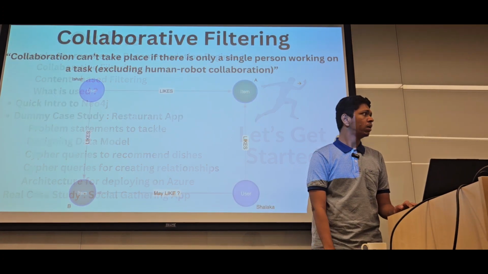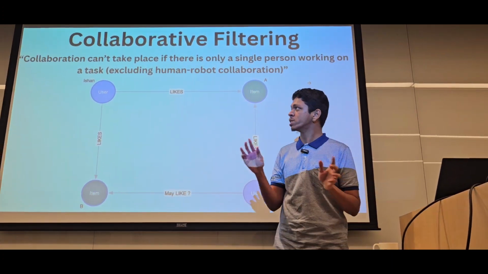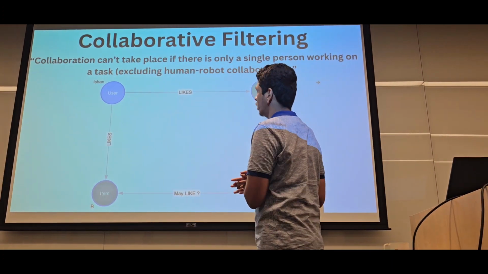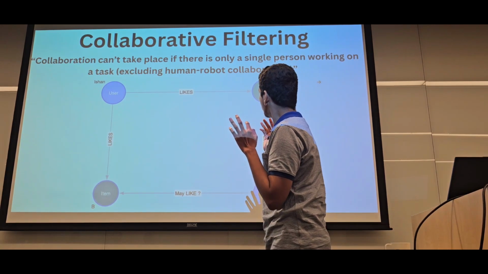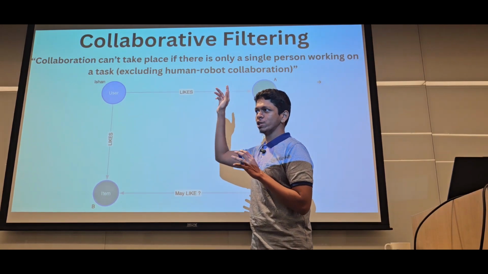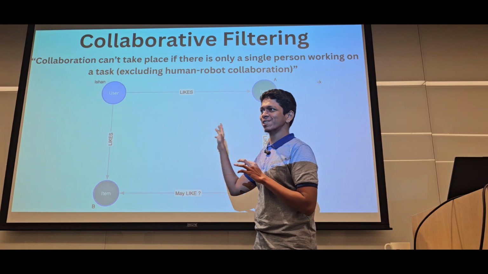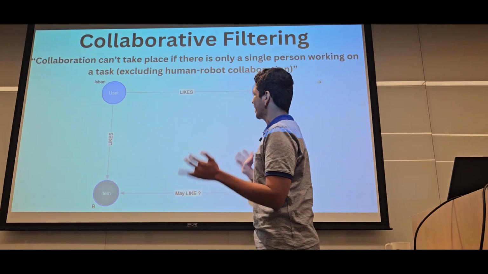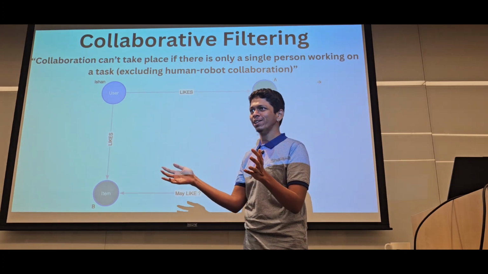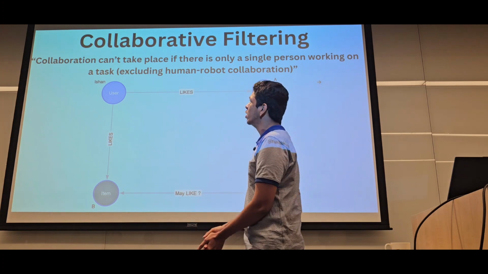So, first the simplest thing, collaborative filtering. This robot is not GPT-6 enabled, so till now we need human and human for the collaboration to take place.